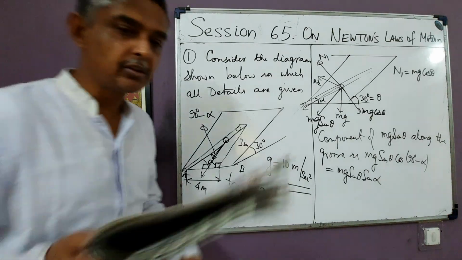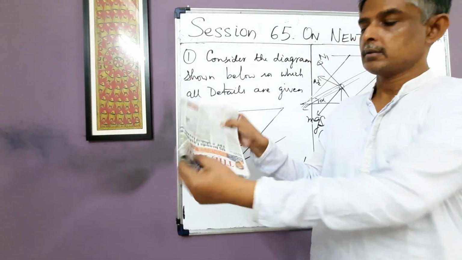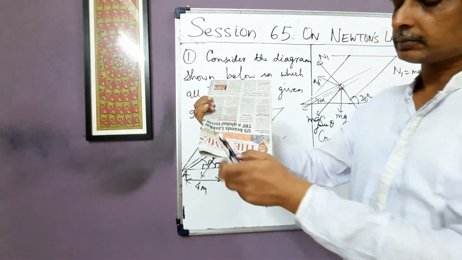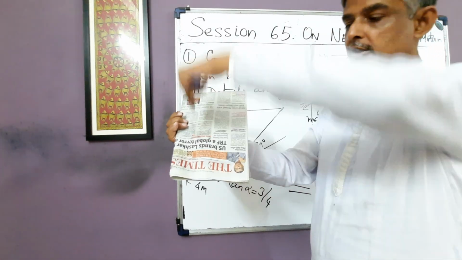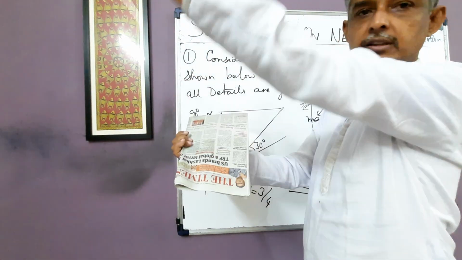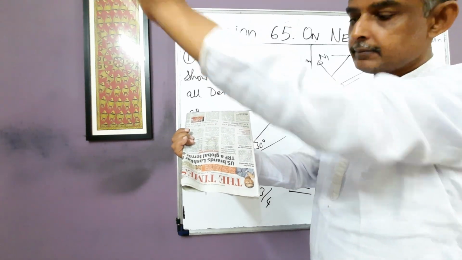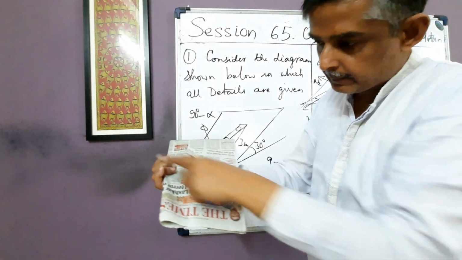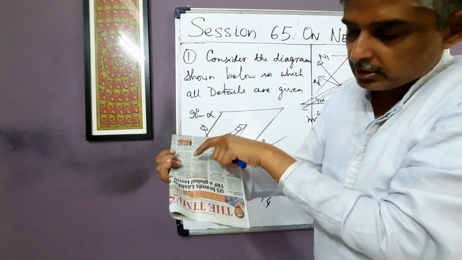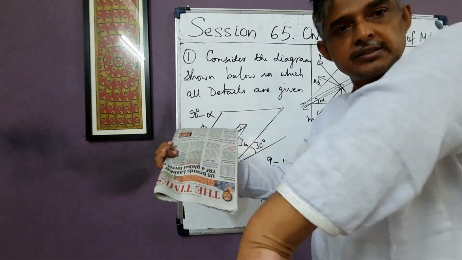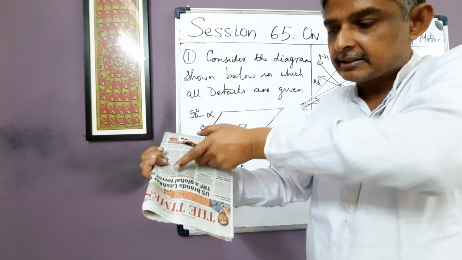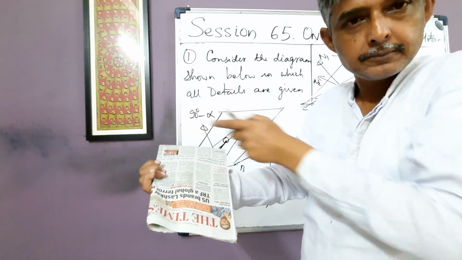See, again I will take the help of this paper. This is the inclined plane. This is the groove. The particle is somewhere here. Mg is acting downward. N1 is like this, which just balances mg cos theta. And N2 is like this. Now the component of mg along this incline is mg sin theta in this direction. The component of mg sin theta along this groove is mg sin theta sin alpha.